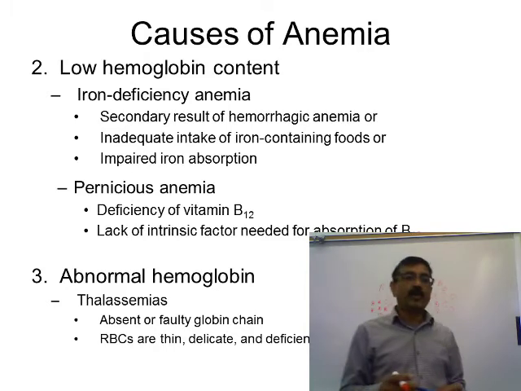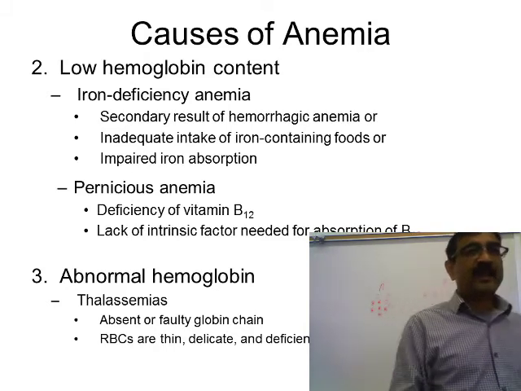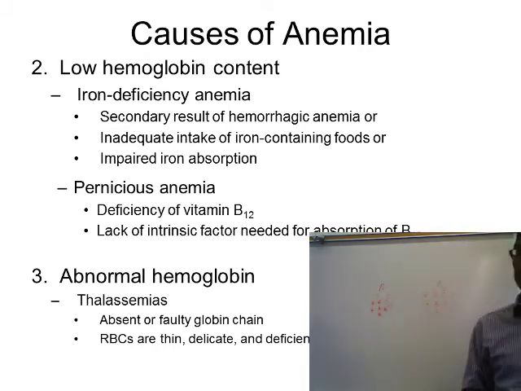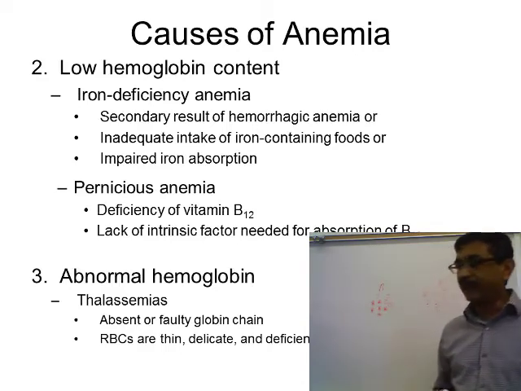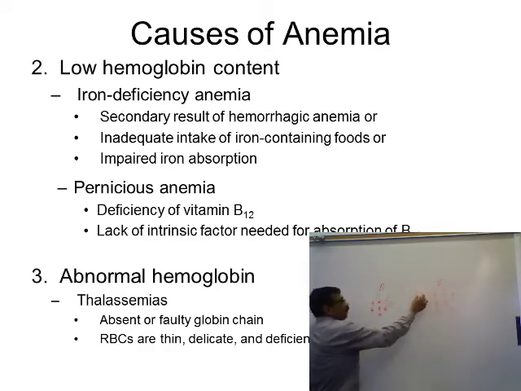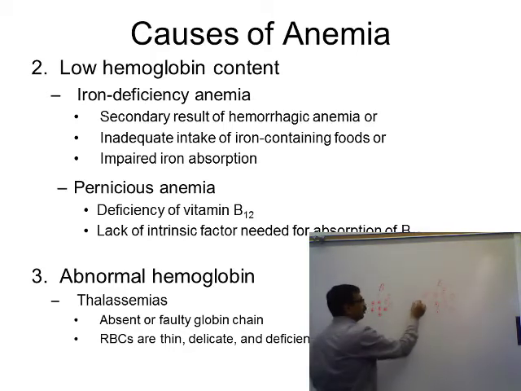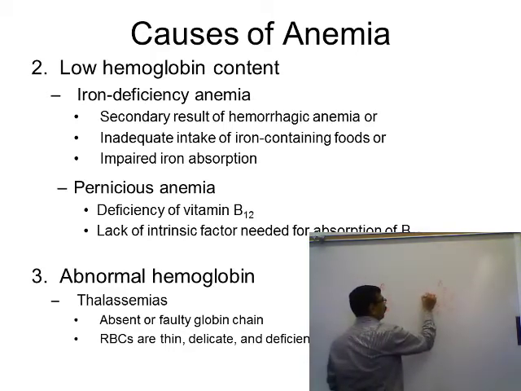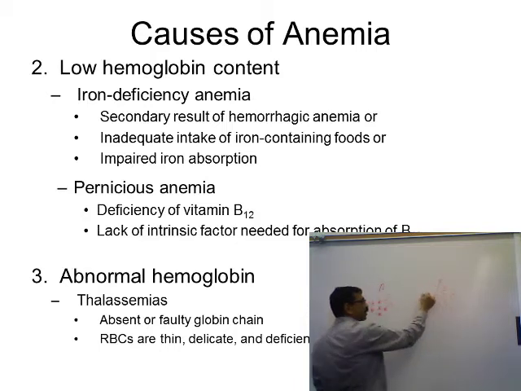Abnormal hemoglobin content anemia is another type of anemia. Now, you see, both person A and B could have the same amount of hemoglobin, but the quality of hemoglobin is another factor. This person has enough hemoglobin, but the quality of hemoglobin is not good.